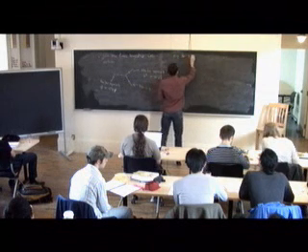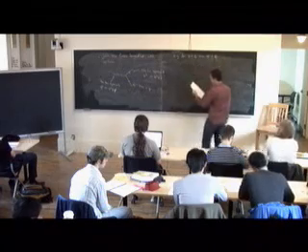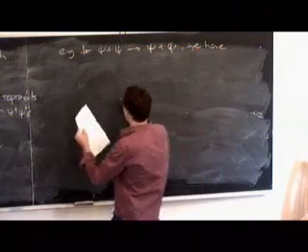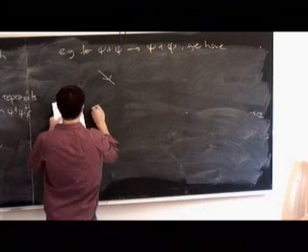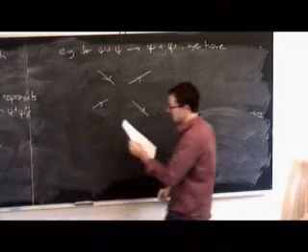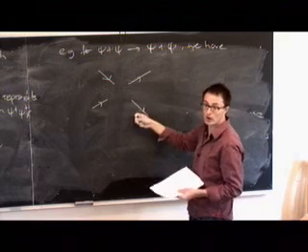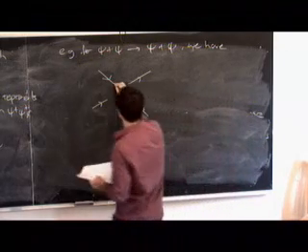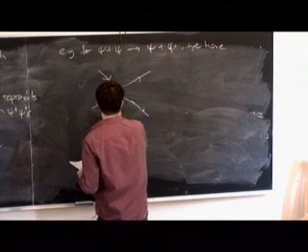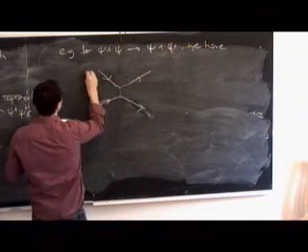So for two psi particles, this is the 2 incoming psi particles, this is the 2 outgoing psi particles. Somehow I've got to join all this together. So this is one way I can join it together.